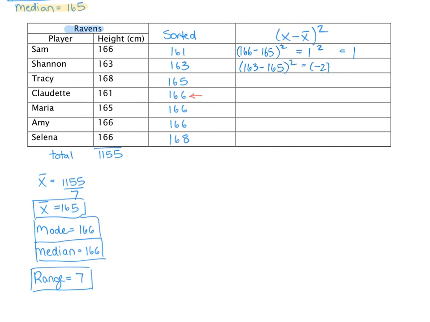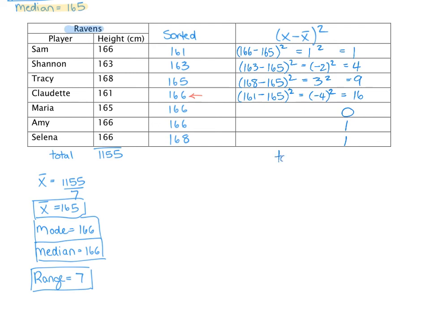It's going to be negative 2 squared, which is 4. 168 minus 165 squared is 3 squared, which is 9. 161 minus 165 squared, negative 4 squared, which is 16. 165 minus 165, this is our 0. 166 minus 165 is 1 squared, and the last one, of course, is the same.